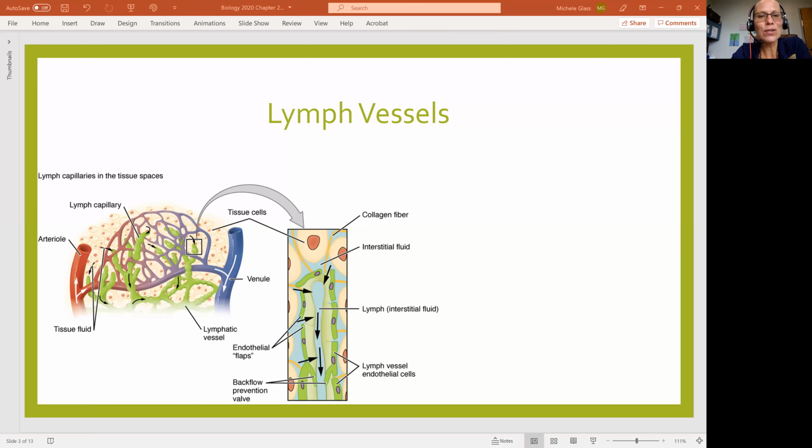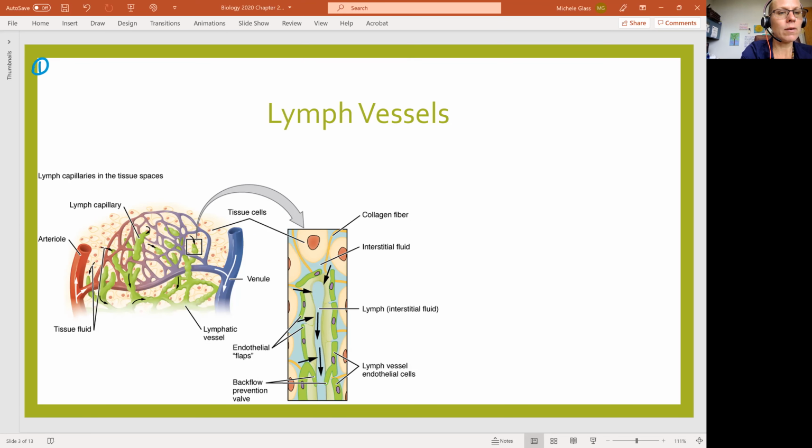I think the first thing for us to mention is a significant difference between the lymphatic and the circulatory system. The circulatory system is described as a closed system, meaning the blood is always in a vessel or the heart, right? In the case of the lymphatic vessels, we have a start point, or an entry, and we have an exit.